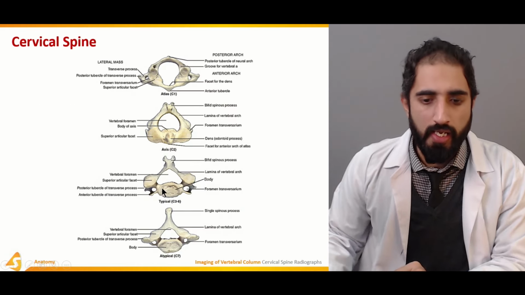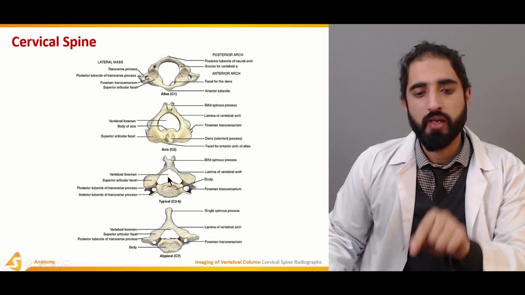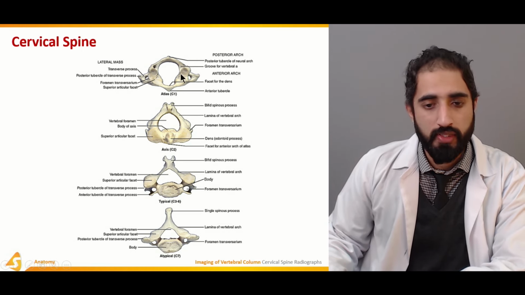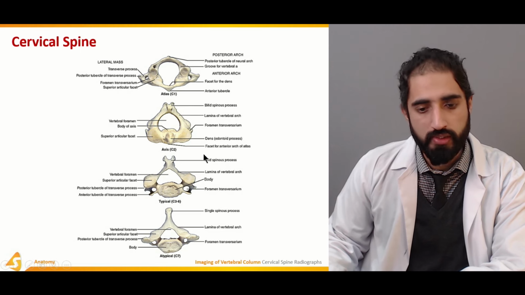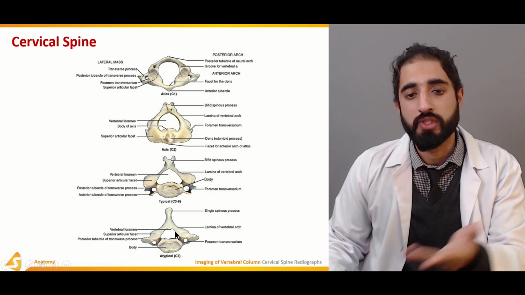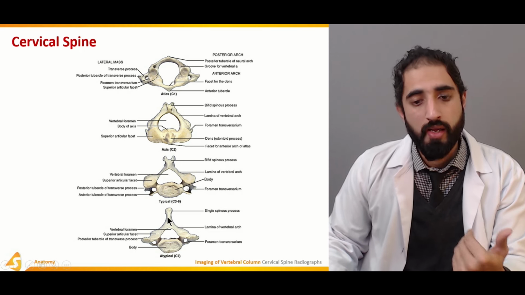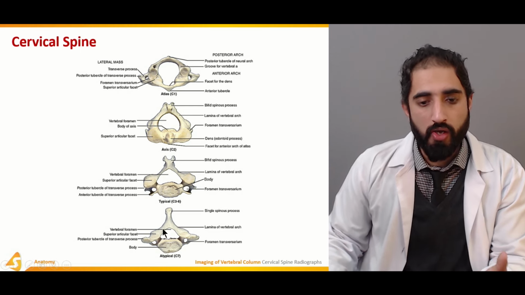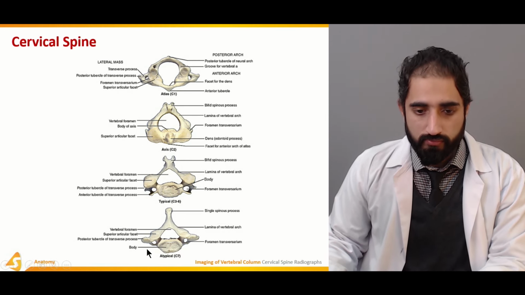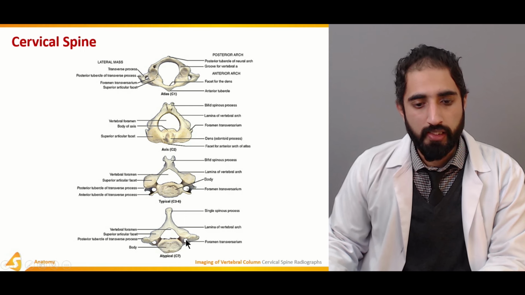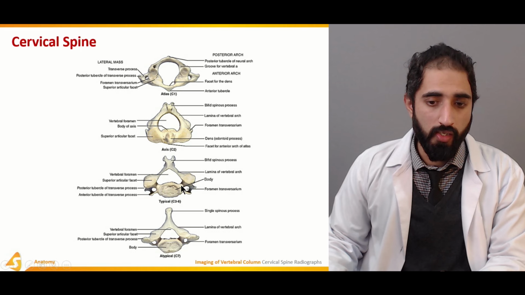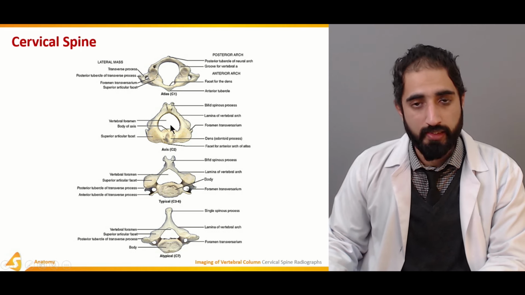So here we can see that this is the typical cervical vertebra, which is C3 to C6. And here we have the atypical vertebrae, C1, C2, and C7. So here we can see C7 is different from C3 to C6 because it does not have a bifid spinous process. Otherwise, it's pretty much the same. However, it also has slightly longer transverse processes. Now, talking about the typical vertebra and comparing it with the atlas and axis.